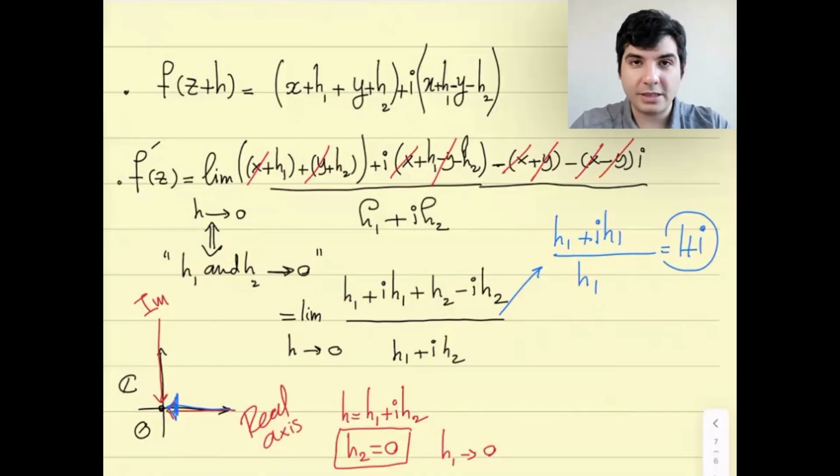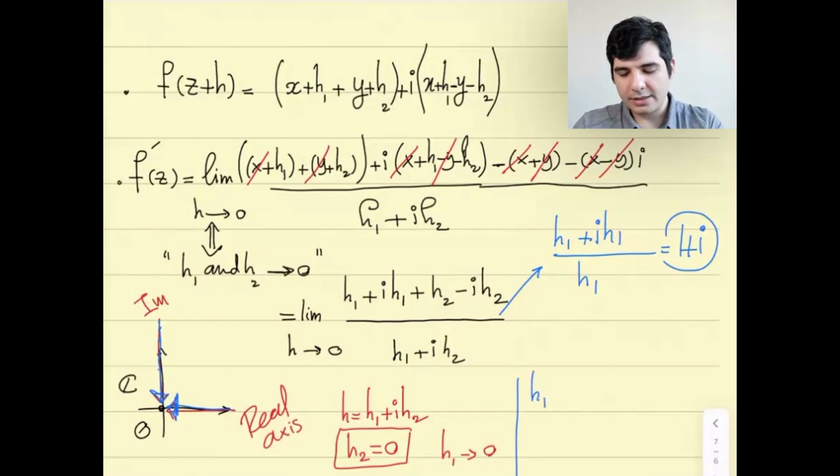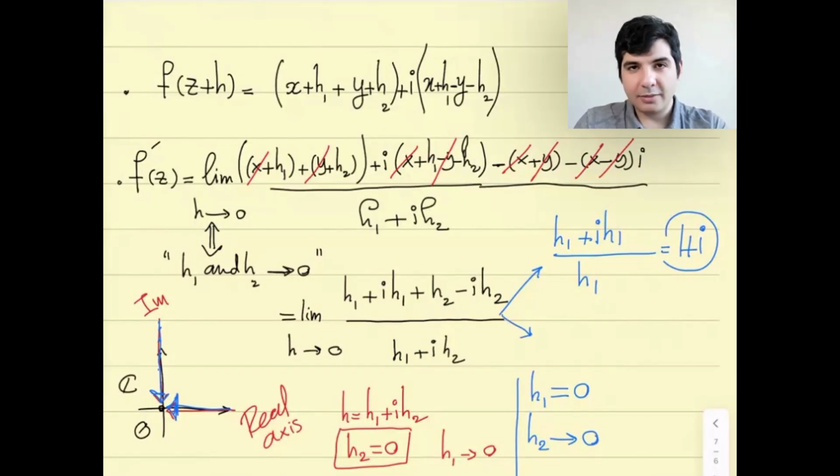If h goes to 0 along the real axis, what if h goes to 0 along the imaginary axis? Along the imaginary axis, h1 is equal to 0. On the imaginary axis, there is no real part, so h1 is 0. And h2 is converging to 0. So there, in the limit, we can discard h1.